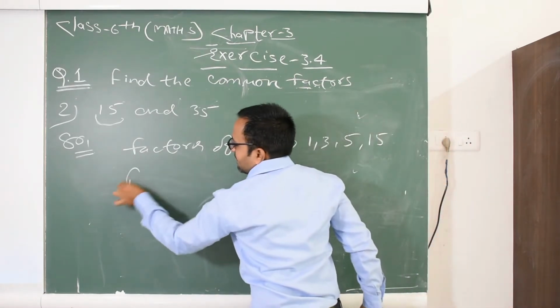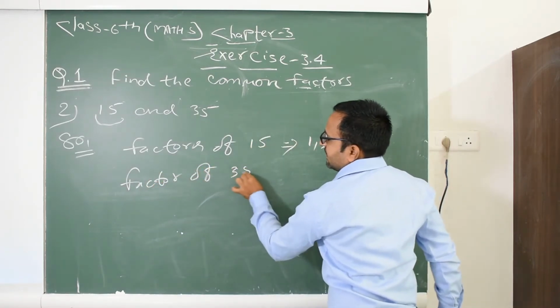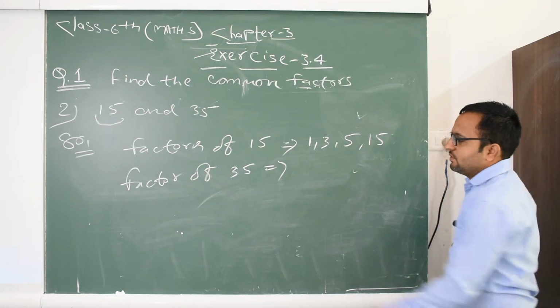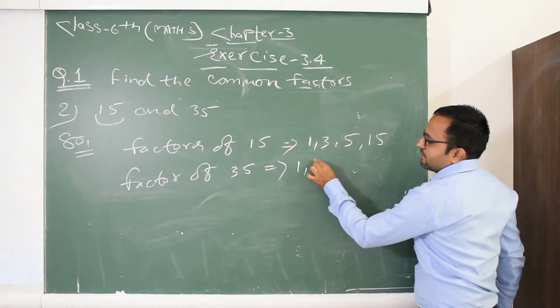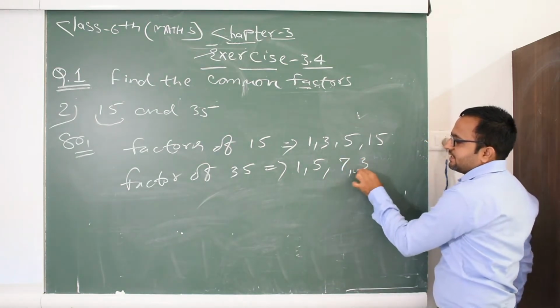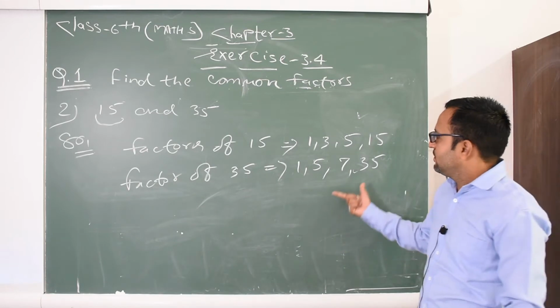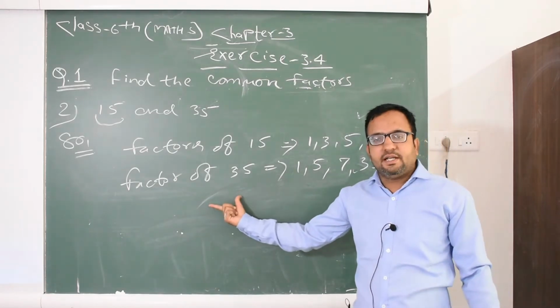Same as the factors of 35. So 1 and 5 7s are 35, 7 5s are 35 and 35 ones are 35. So these are the factors of 35.